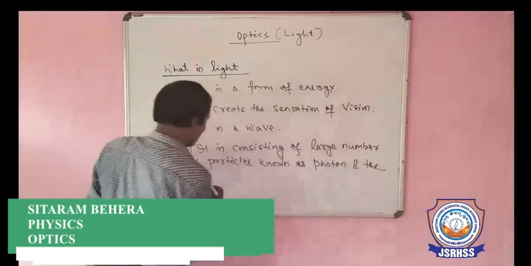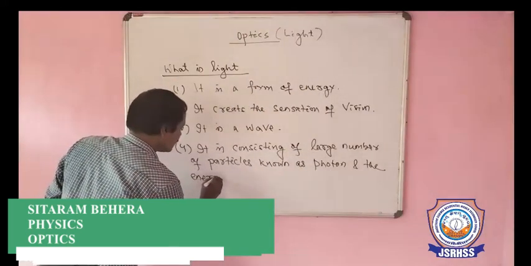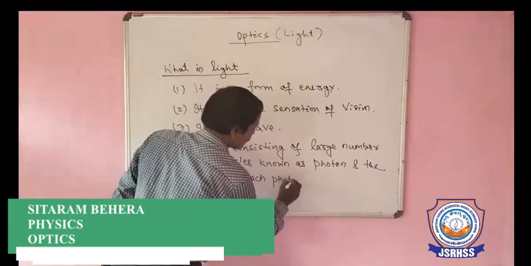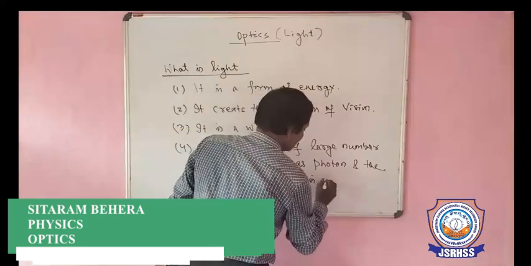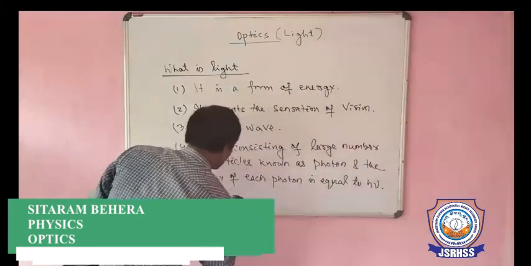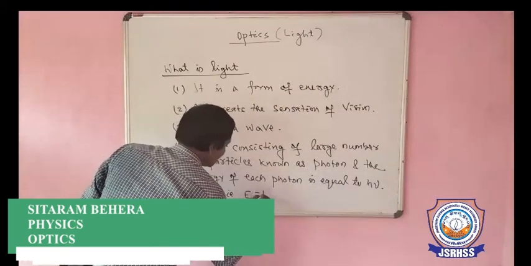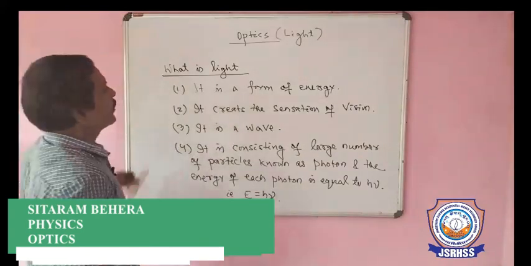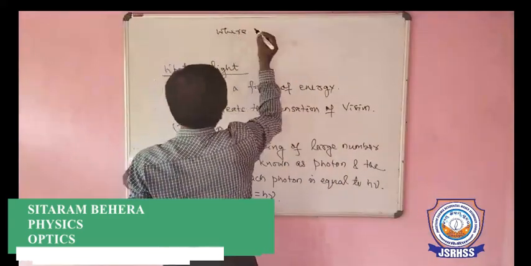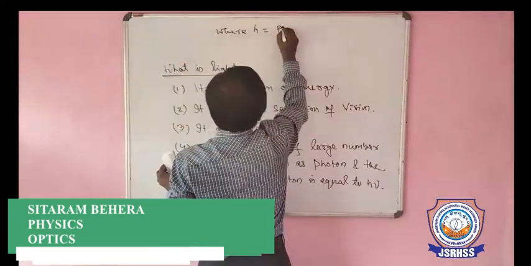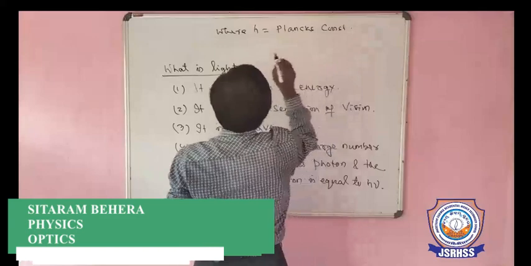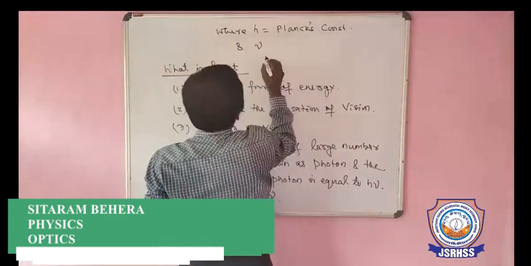And the energy of each photon is equal to h nu, that is E is equal to h nu, where h is equal to Planck's constant and nu is equal to frequency.